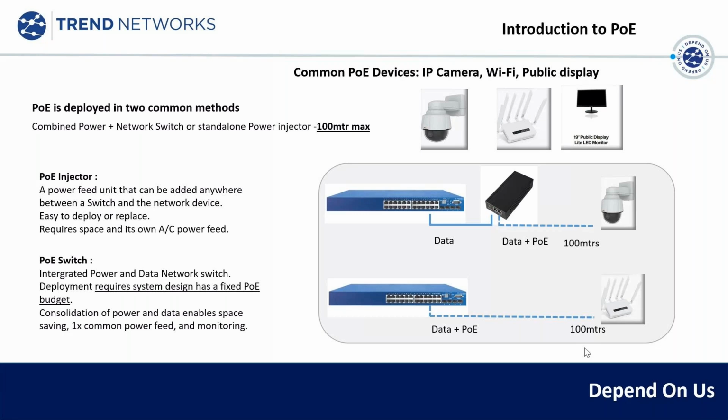And that might be a security IP camera, an edge camera, a higher power Wi-Fi, or of course, a potential display monitor. And the other method, if you'd like to consolidate your system, could be a straight switch and PoE device together. And this is where power over Ethernet budgets are critical when you start designing from the first point of application and operation. So think about the importance of doing a PoE budget right from the outset.